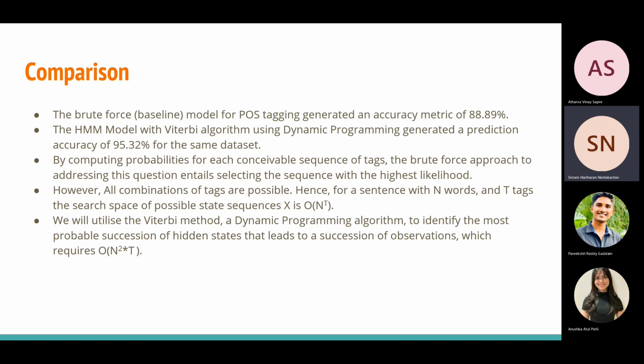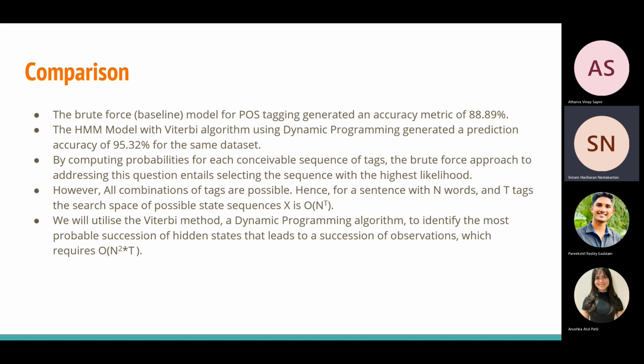By computing probabilities for each of the tags, the brute force algorithm took a longer time because we actually computed the probability of each combination of tags and also words in a sentence. Therefore, we can say that the time complexity of the brute force algorithm was O of n power t, n being the number of tags and t being the number of words.